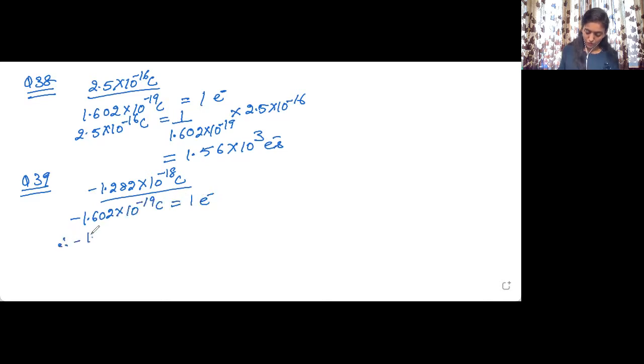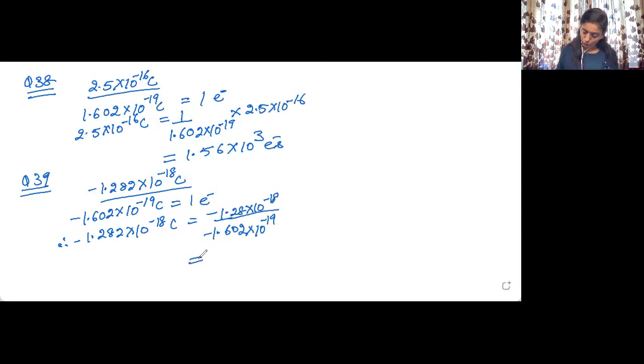Therefore, minus 1.282 into 10 raised to the power minus 18 coulomb is equal to 1 upon minus 1.602 into 10 raised to the power minus 19, multiplied by 1.282 into 10 raised to the power minus 18.